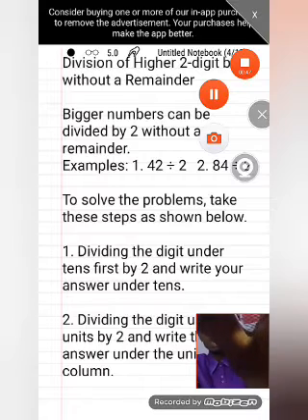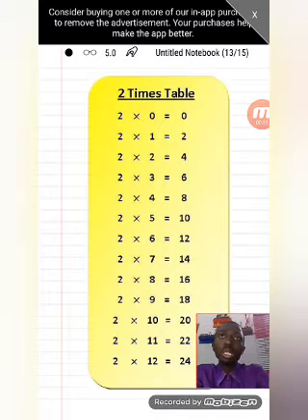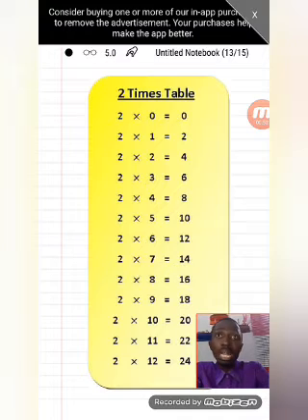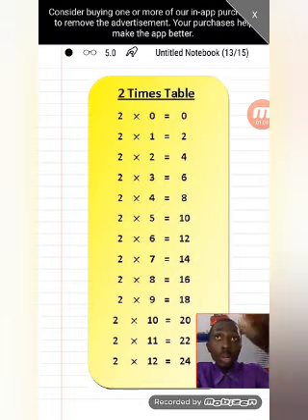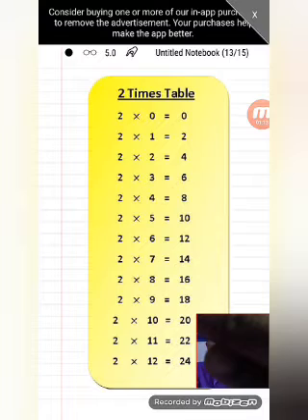Let's look back at the multiplications table. Look at the multiplications table here and see the multiples of 2, that is the numbers that can be divided by 2. You can see 2, 4, 6, 8, 10, 12, 14, 16, 18, 20, 22, 24. Your multiplications table here gets to multiply 2 from 0 to 12.